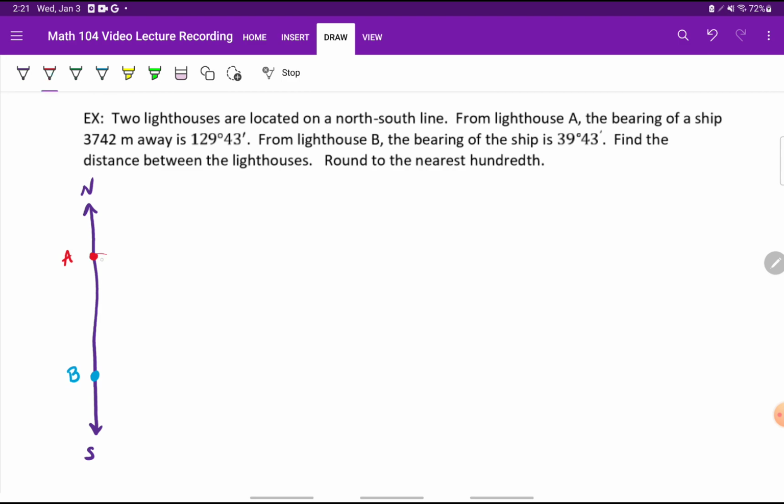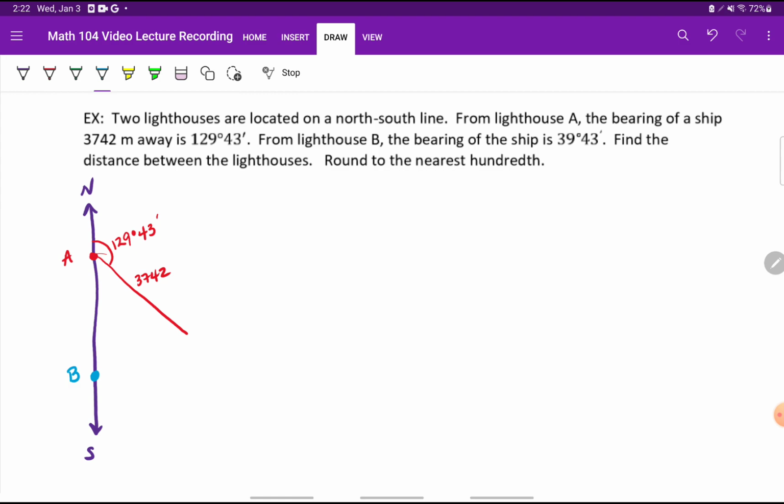So if this is 90, say that's 129 degrees 43 minutes. And that's a distance of 3,742.